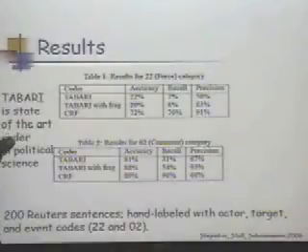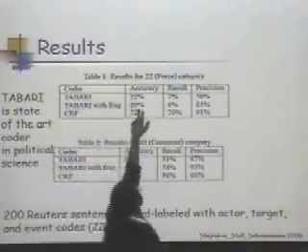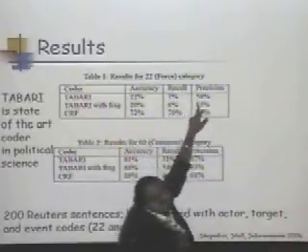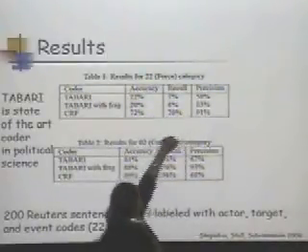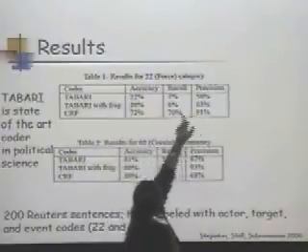State-of-the-art coder. People in political science have been thinking about automating this process. They haven't done very well, by the way. The state-of-the-art coder is something called Tabari, which has an accuracy of about 22%, a recall of 7, and a precision of 50. So we can definitely do a whole lot better with our CRF models.